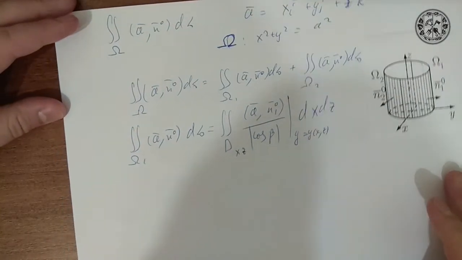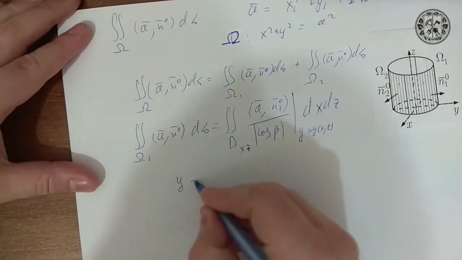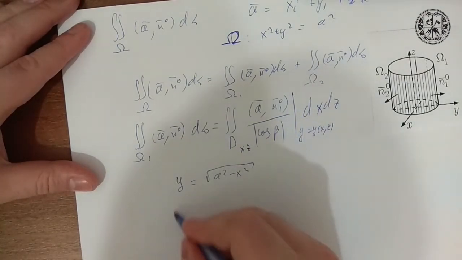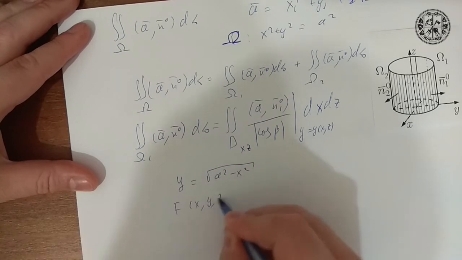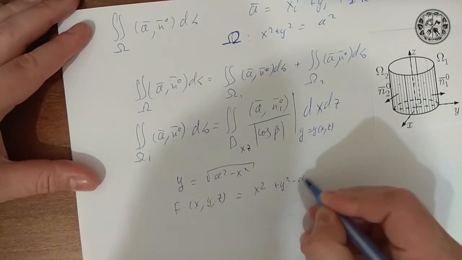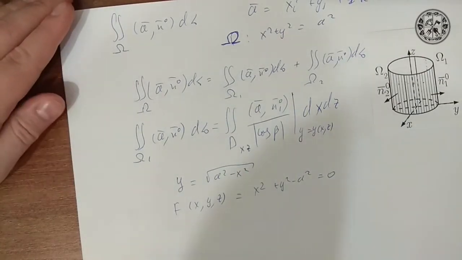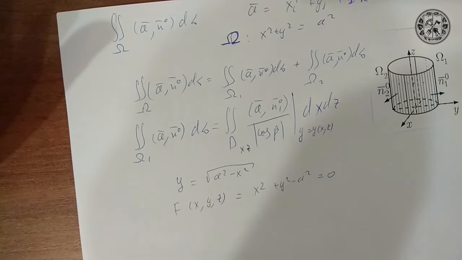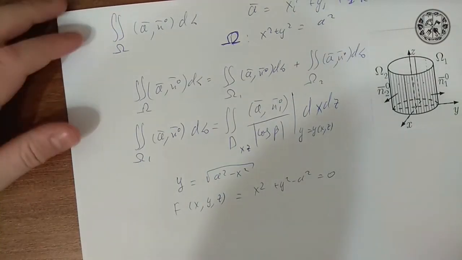Now we have on omega 1 the equation y equals square root of a squared minus x squared. So f of x, y, z equals x squared plus y squared minus a squared equals 0 is the equation of our surface. Now we have to use the gradient to find our normal vector for this part.